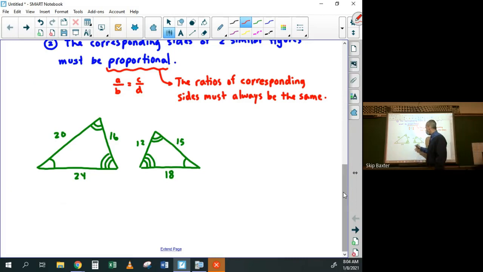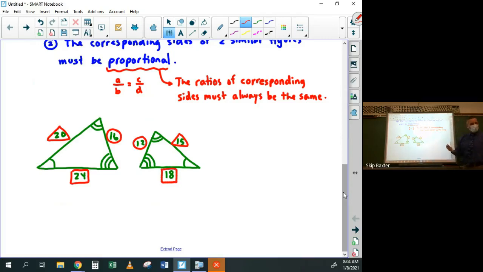Well, if you think about it, the sides that are between the congruent angles would have to be the proportional side. So this side would actually go with this side right here. Does that make sense? The 20 would have to go with the 15, and the 24 would go with the 18.